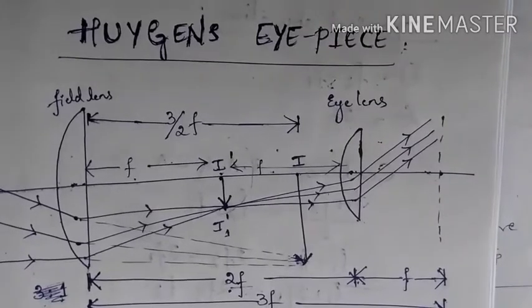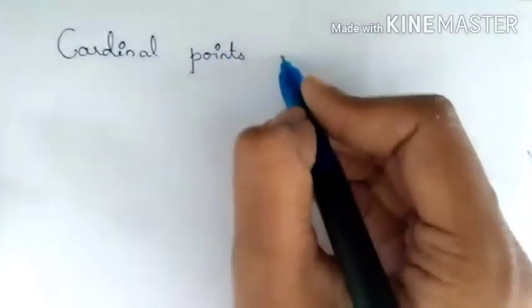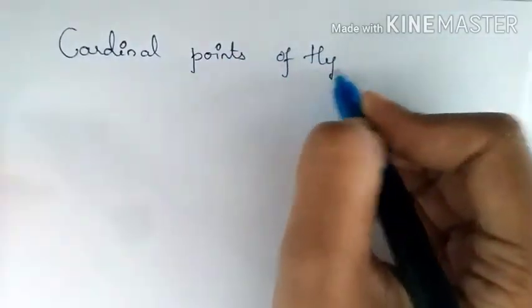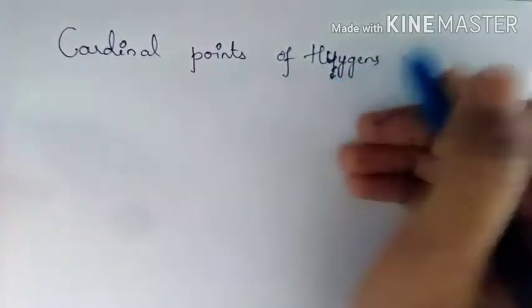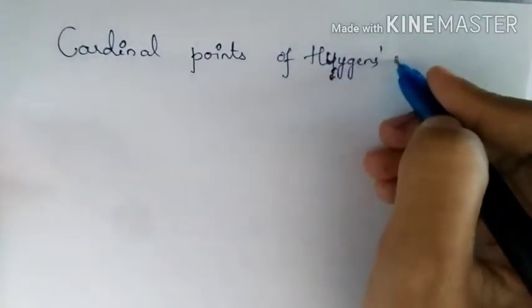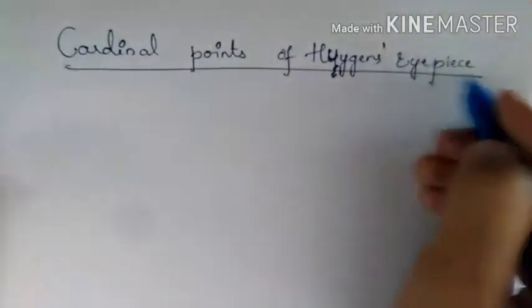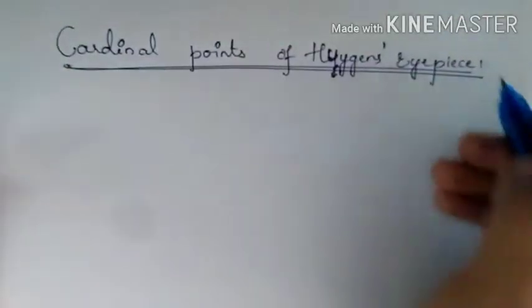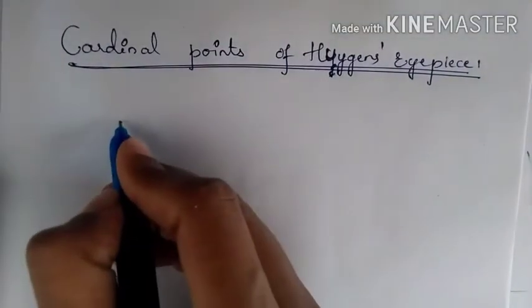So next let us learn the cardinal points of the Huygens eyepiece. To find the cardinal points, again we have to draw the diagram.